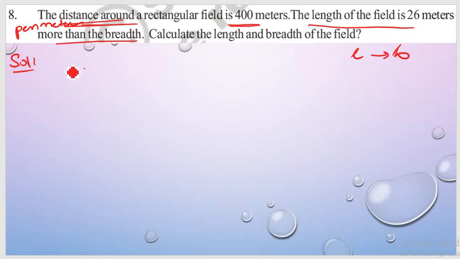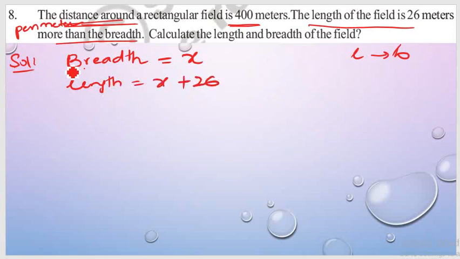Now here length is being compared with the breadth. So first of all we need to consider breadth. You need to understand this carefully. Let breadth be some x, then the length of the field is 26 more, so more means addition. So length will be x plus 26 meters.